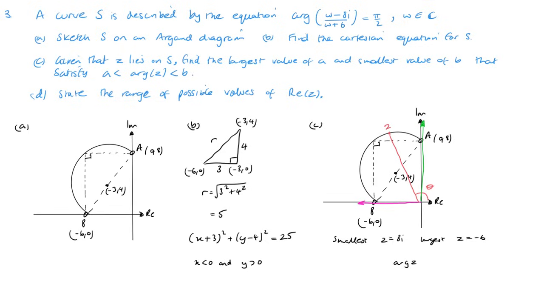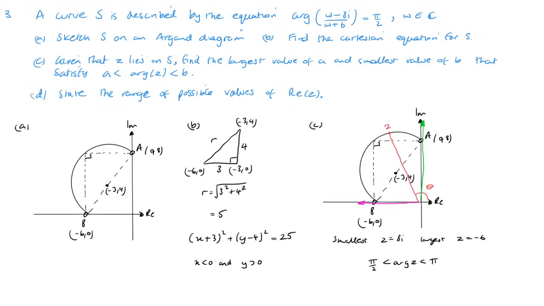So arg Z is going to be between pi by 2 and pi. So like I said, the 90 degrees and the 180 degrees there. Having the diagram really helps for this part C.